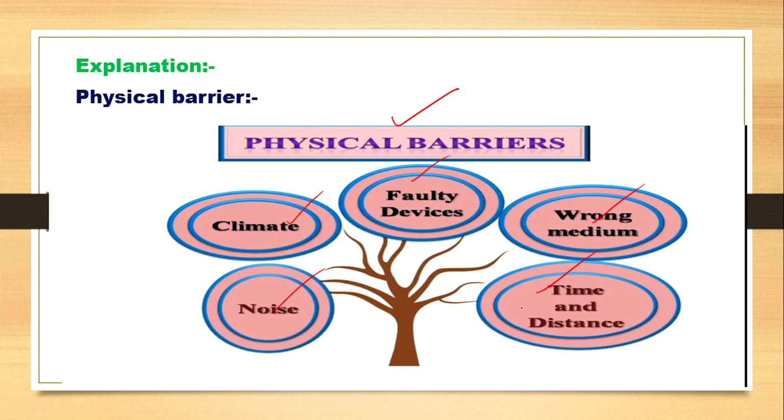Time and distance, if too much distance is there or time is not correct then it is also a physical barrier. Noise, if I am recording a video and in the background there is too much noise then you will become distracted. And climate, many times climate is not good, so it is also a physical barrier. These are all examples of physical barrier. Now physical barrier is a barrier in effective communication.